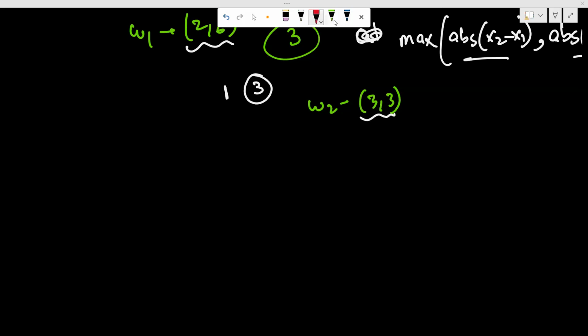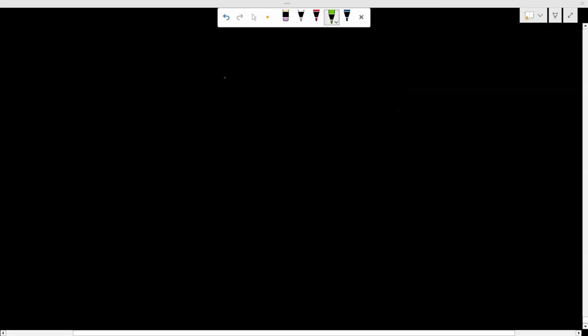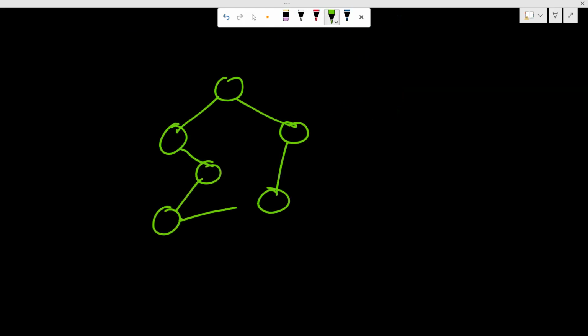First of all, let me tell you the question of graph, and then we will come back to this question again. If I tell you that I have a graph, okay, this is a connected graph as of now, and I have some edge weights.